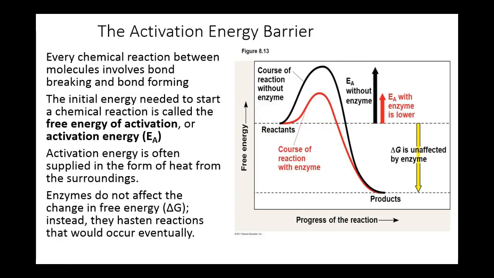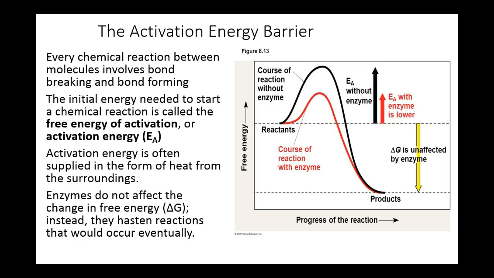And what enzymes do is they lower the activation energy needed. Every chemical reaction involves bonding and breaking bonds. The initial energy needed to start a chemical reaction is called the activation energy, and it's written as a capital E with a small a.